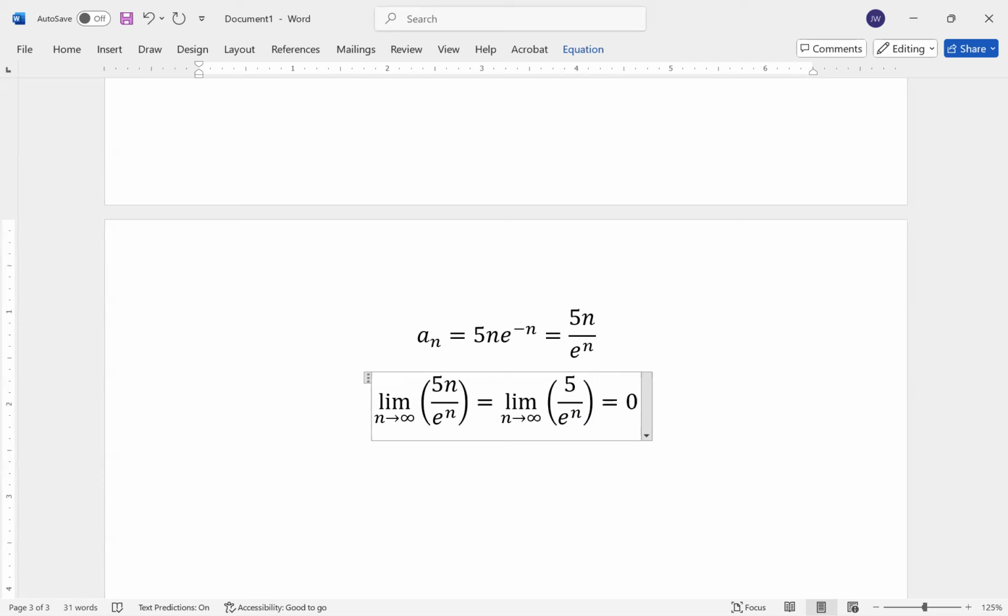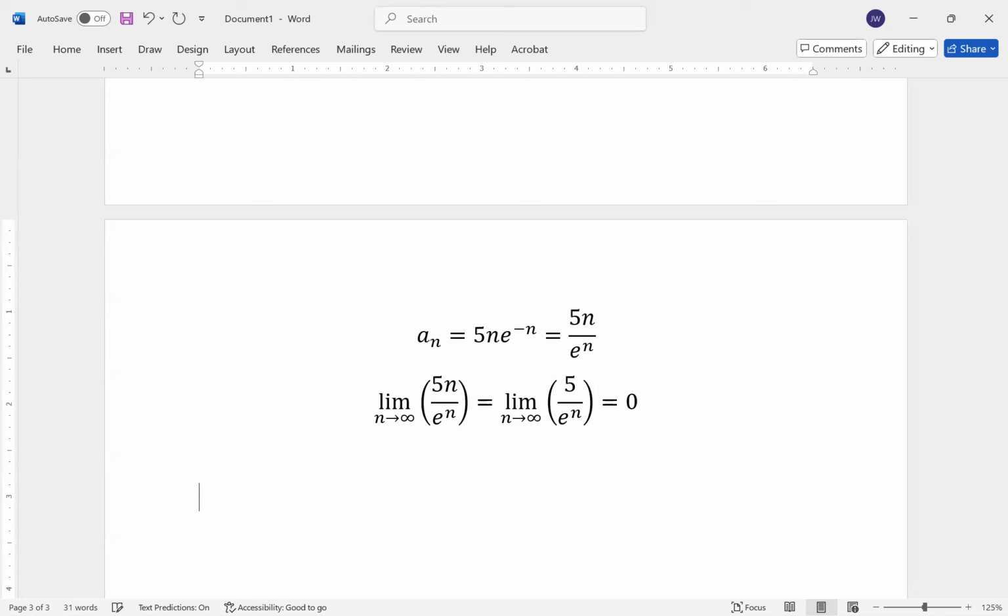We probably would have figured that out because this is a linear growth on top, and this is an exponential growth on bottom with base bigger than 1. And anytime we have linear versus exponential, exponential growth is going to grow faster than linear growth. So the denominator grows faster. So the sequence has limit of 0.